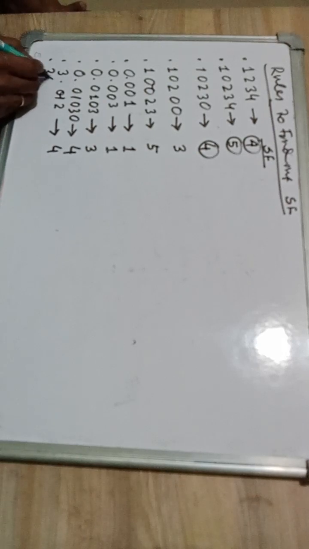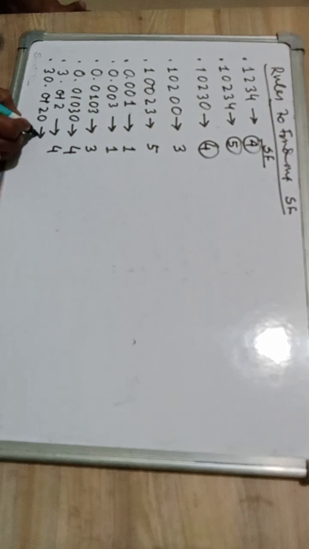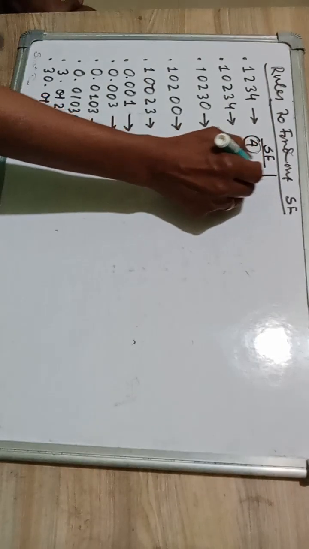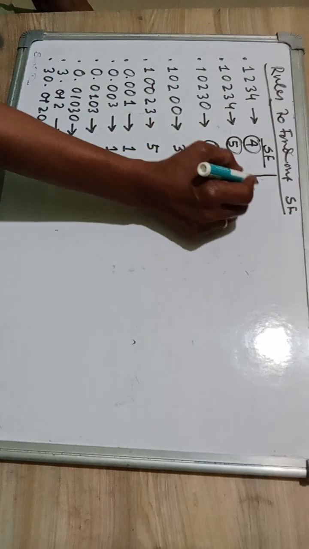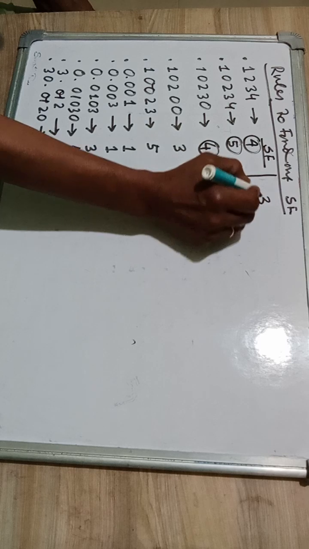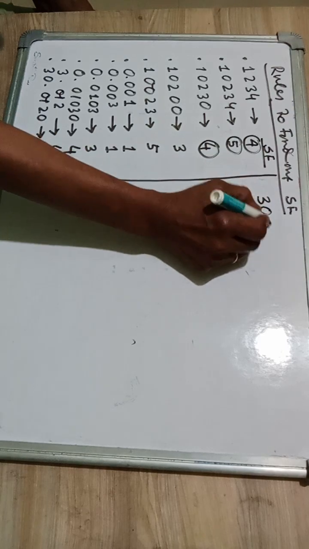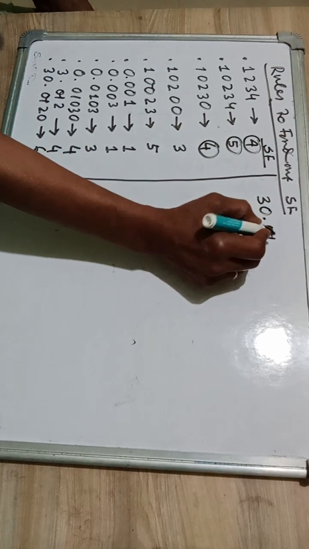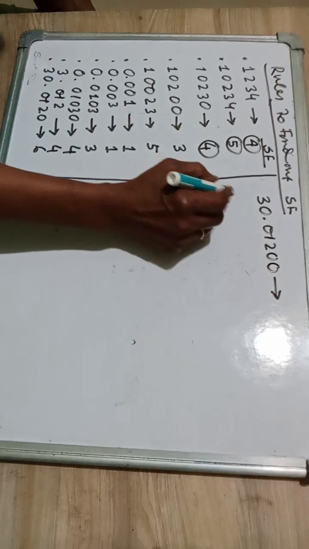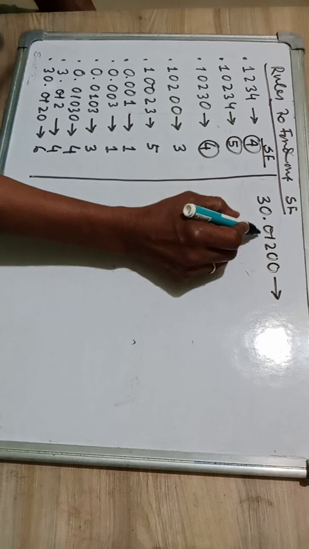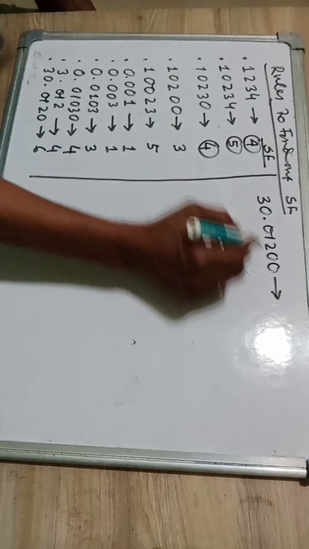If the number is 30120, significant figures will be 4. Suppose we have 0.01200, significant figures will be 4.